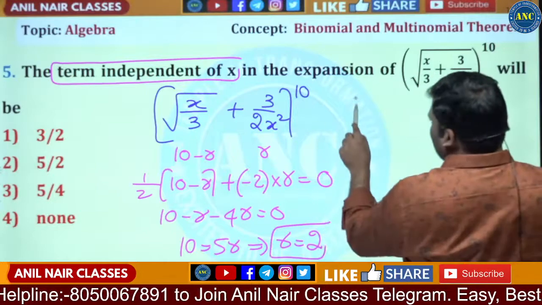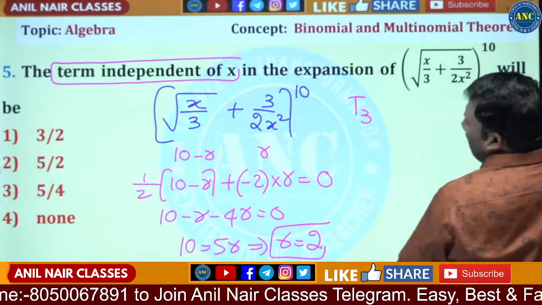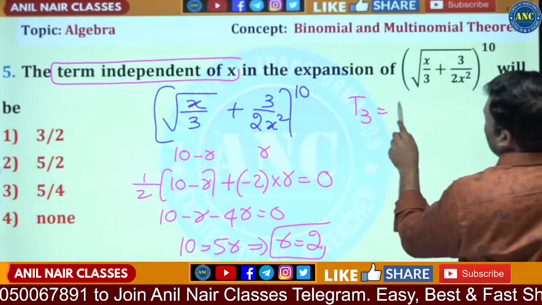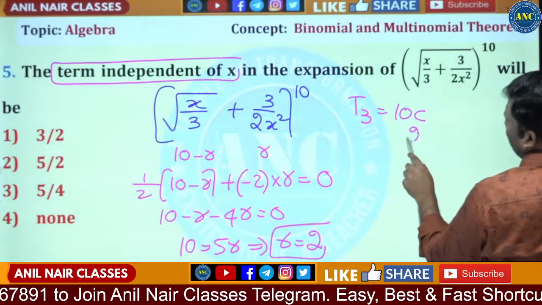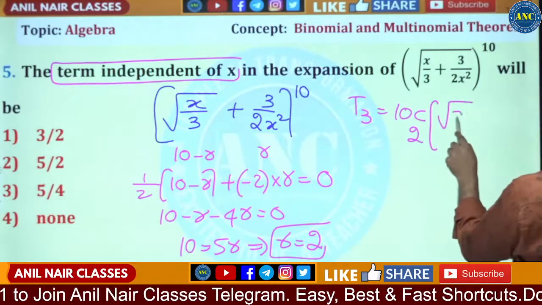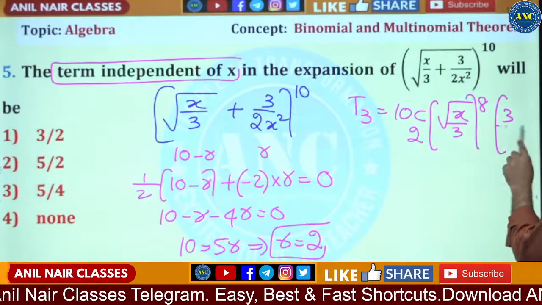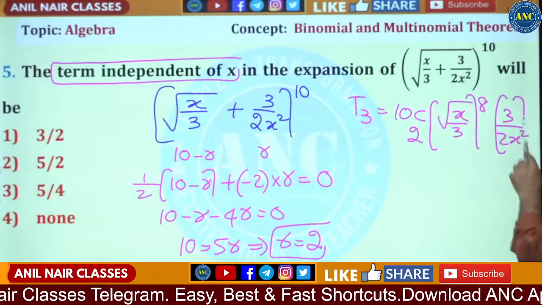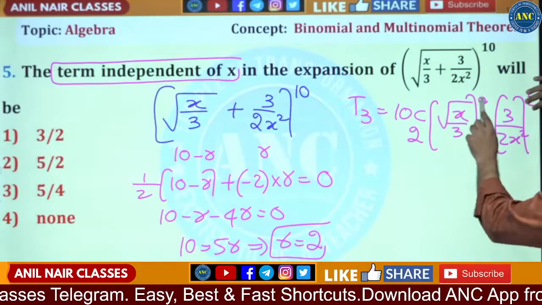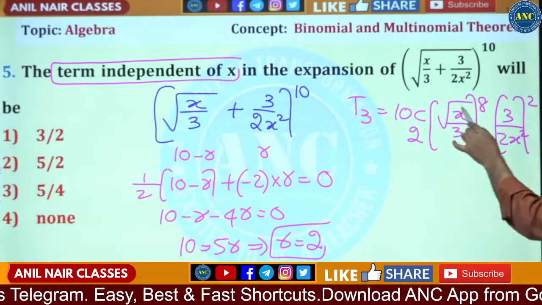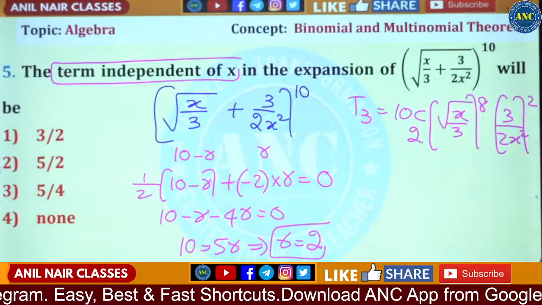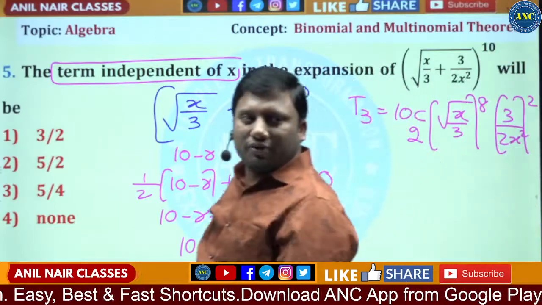If r equivalent to 2, I want the third term. T third term will be 10C2 into root of x by 3 power 8, into 3 by 2x square power 2. Root half, 8 by 2 is 4. X power 4 will get cancelled.